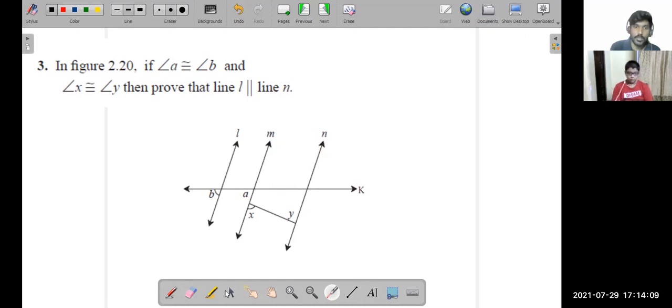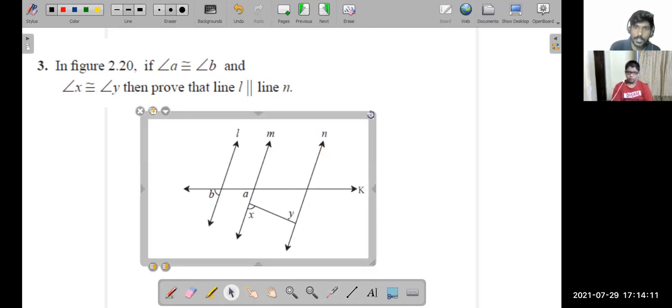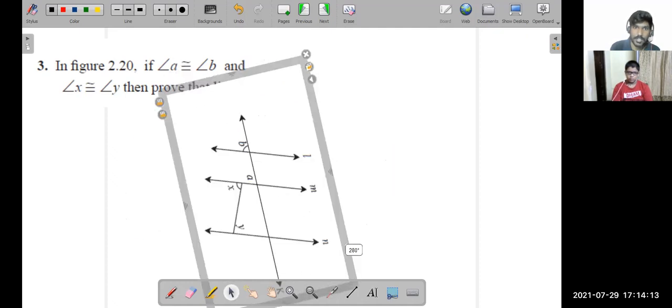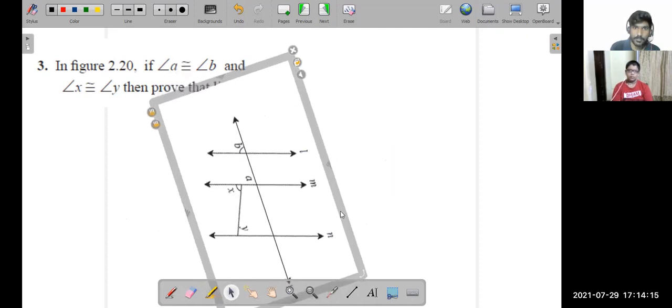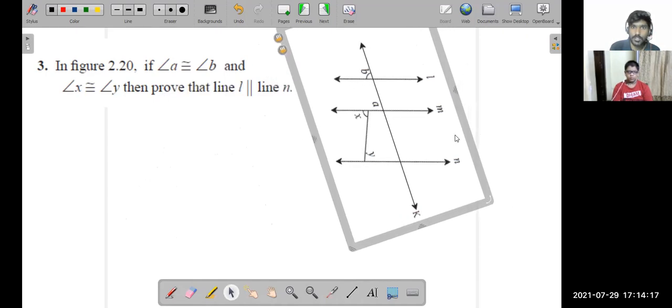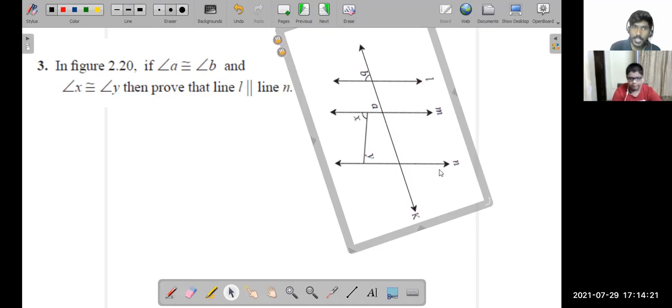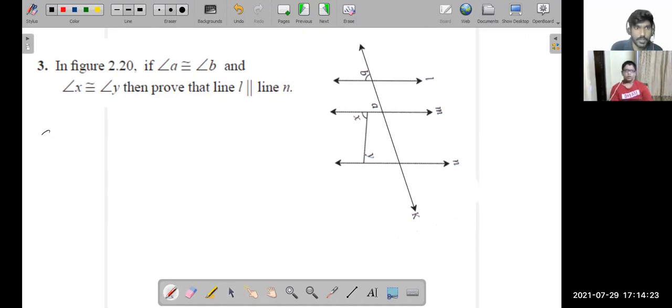Now just for simplicity, I'll rotate this figure so that you may understand it properly. Now you see, which line is the transversal? K. K is the transversal. Now just ignore line N. Just think there is L and M, only these two lines.